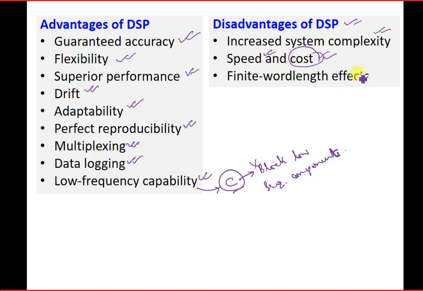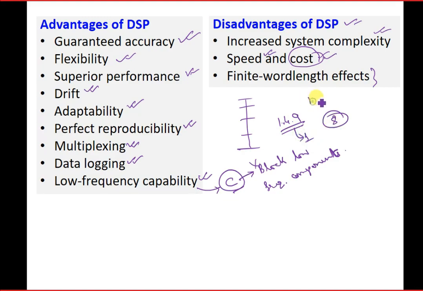Then finite word length effects. What are these? Suppose when you are digitizing the signal, you are having different levels. So for a 3-bit signal, we would be having 8 levels. So while you are doing this, you have to round off the value. Suppose you are having 1.49 value, it will be rounded to 1.